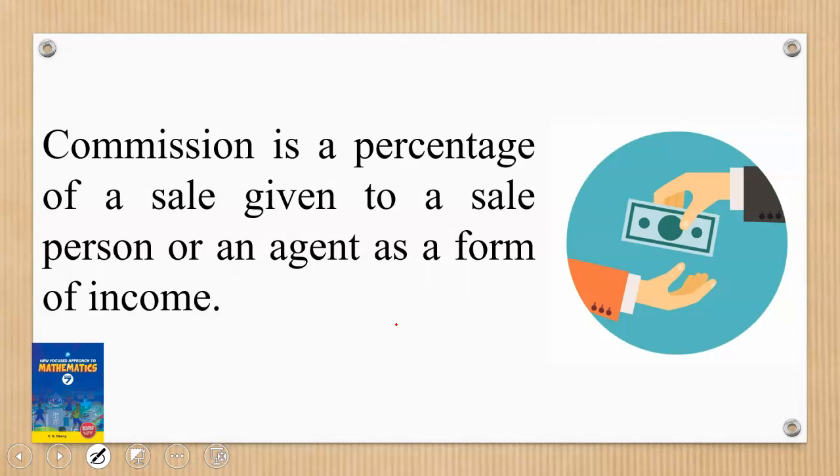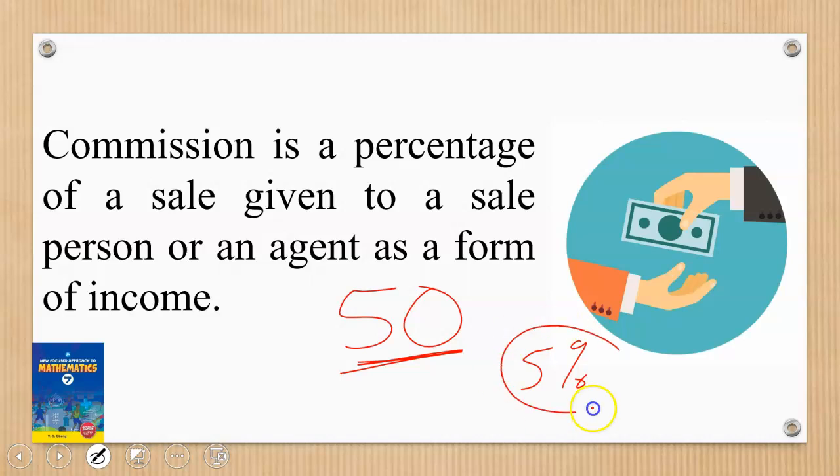Good. In some cases, I'll tell you that if you sell, I'll give you 5% of the money as a commission. Let's say you have sold 50 cedis, and because I said I'm going to give you 5%, we calculate 5% of the 50 cedis, and that becomes your commission. Commission is normally calculated in percentage, which we call the commission rate.